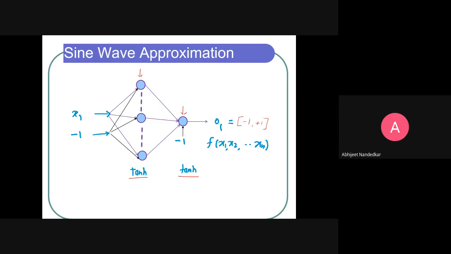Output here will be in the range -1 to +1, and the relation between input x1 and output O1 is sine of x1. O1 is equal to sine of x1. That means if I supply here an x value, then the corresponding sine value will be thrown out.